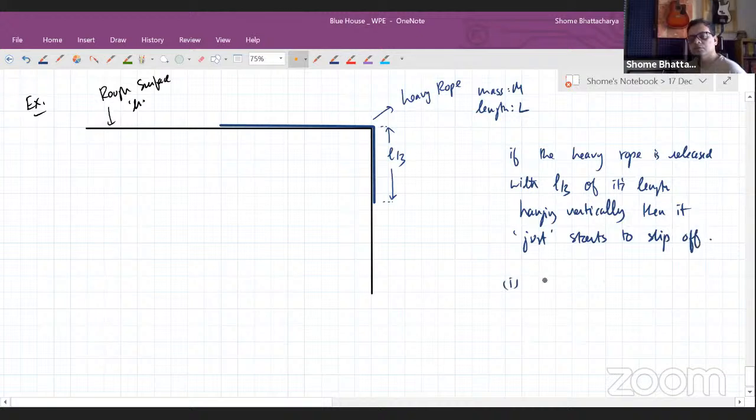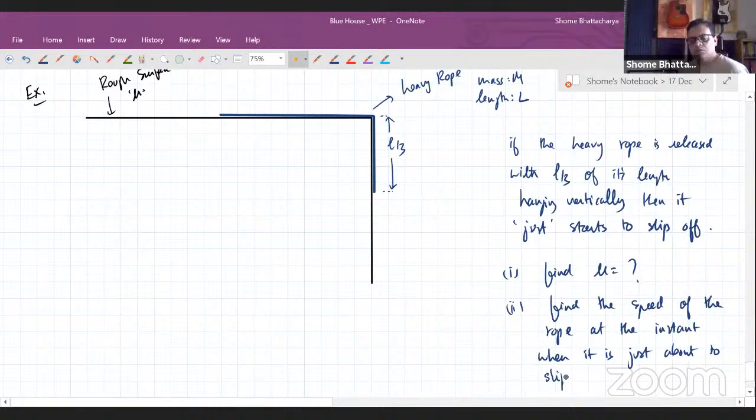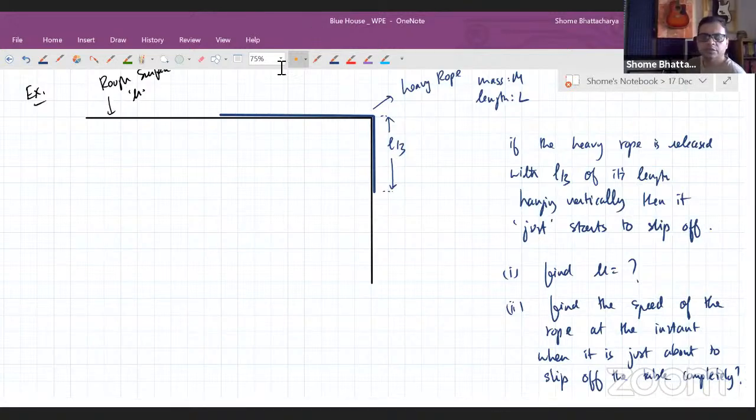Okay, so first of all, find the coefficient of friction, and second, find the speed of the rope at the instant when it is just about to slip off from the table completely. Okay, so just note down the question first. We'll discuss more about this.